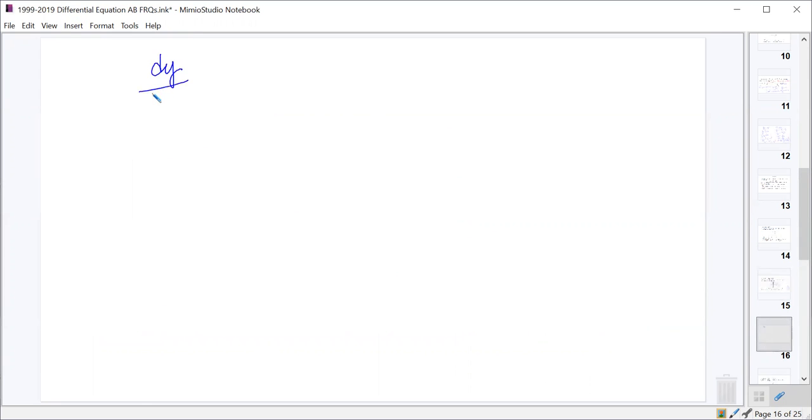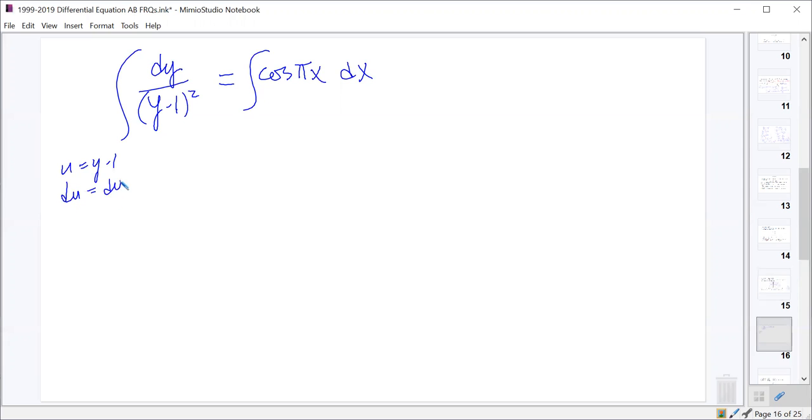So first thing would be dy over (y minus 1) squared equals cosine pi x dx. When we try to integrate both sides of that, we're going to need a u substitution. For the left, it's going to be u equals y minus 1, and du is just dy. And for the right, we'll call it v. v is pi x with dv equal to pi dx.